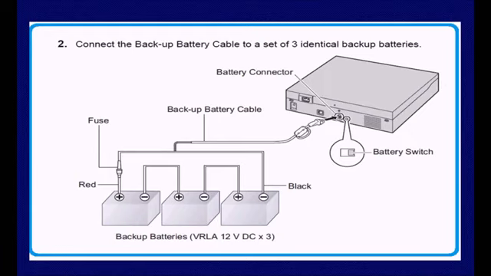To connect batteries, you must use 3 identical 12 volt batteries connected in series to multiply the potential difference and get 36 volts, which is needed for the system to work correctly.